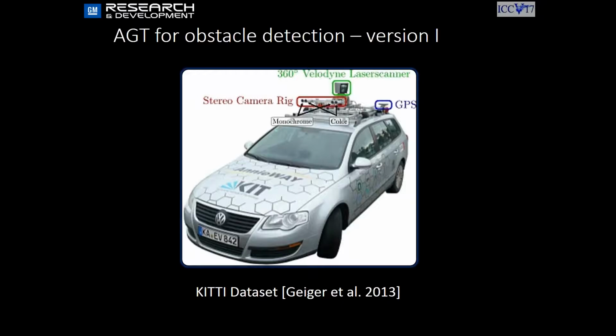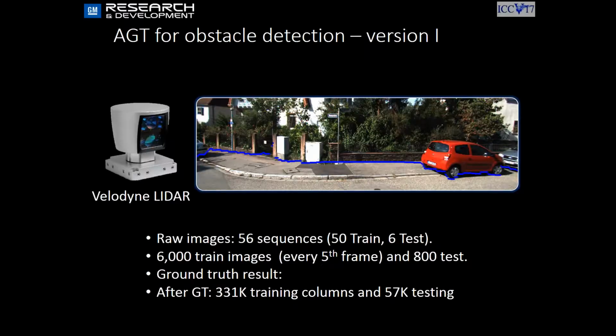In our first version of it, we used the KITTI dataset in order to train our network. So we have a Velodyne, which is synchronized and calibrated. And we used the raw images, which was 56 sequences. And it's not part of the benchmark of the KITTI dataset. So we created our own benchmark, which is publicly available. So anyone can try to improve our results on this benchmark.